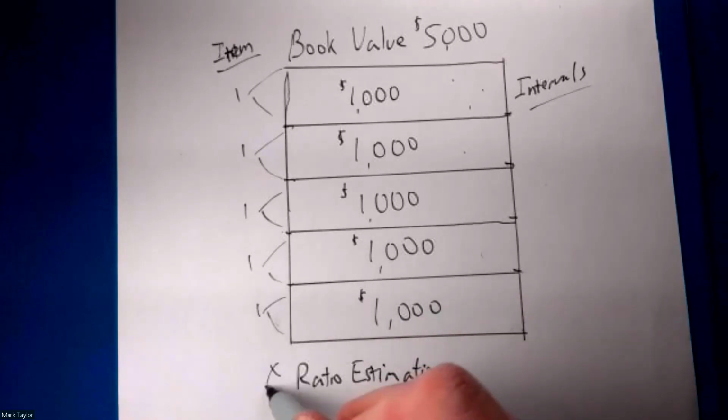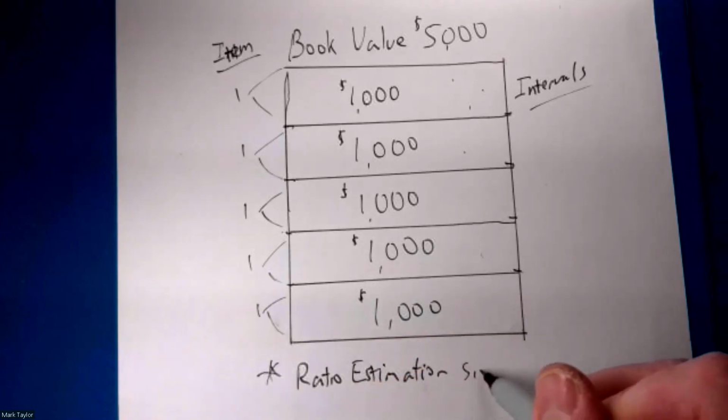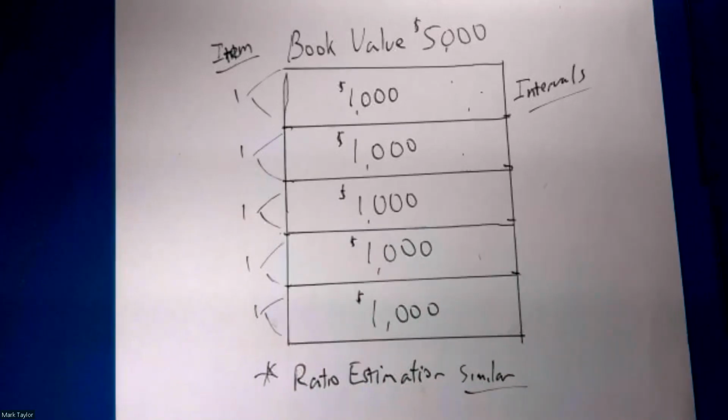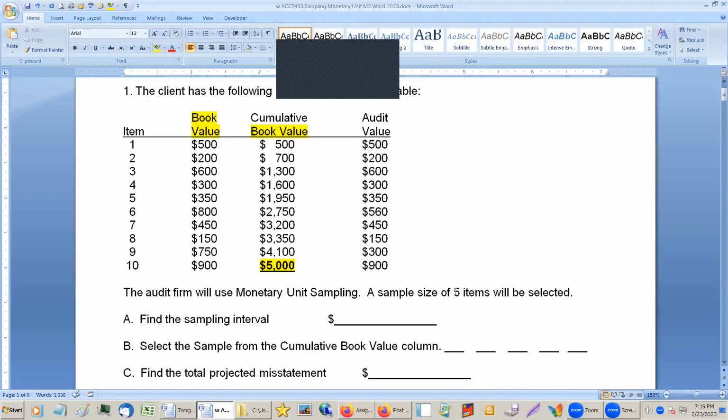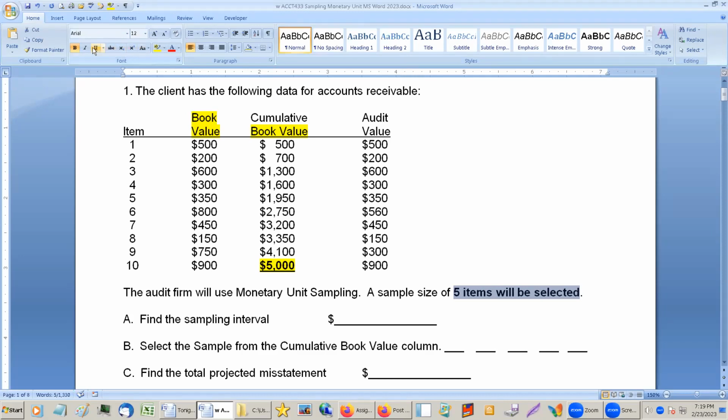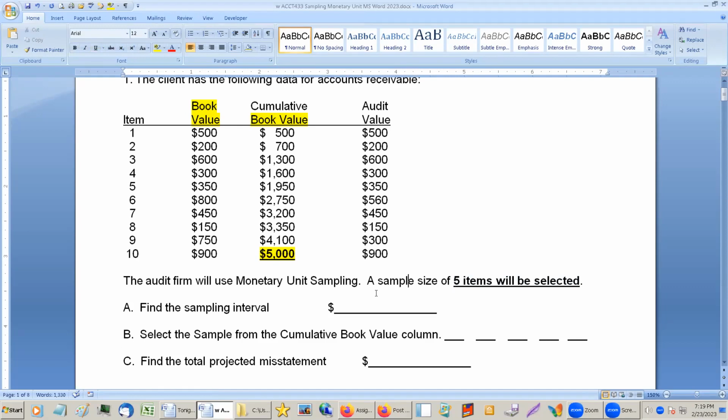All right, let's go back. So we're going to take 5 items. We'll figure out how we find the sample size on the next page. And so the sampling interval will be 5,000 divided by 5 items.